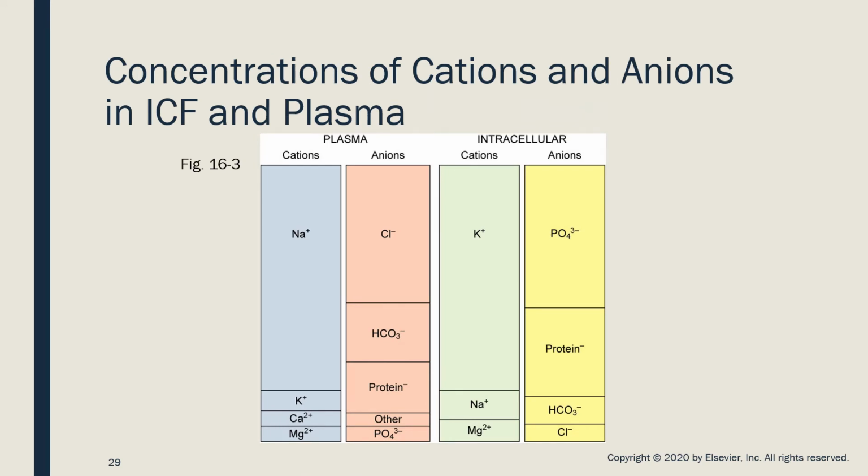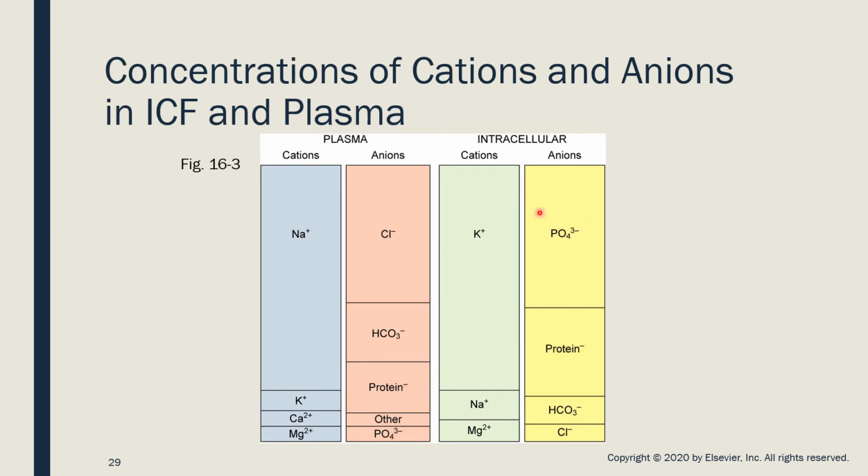Now, this is just to show you the cations and the anions in the intracellular fluid compartment and plasma. And we will talk on the following slides about the different types of electrolytes and imbalances and how you manage them. As you can see in the plasma, the majority would be sodium, okay, with a few potassium, calcium, and magnesium, and you can see other electrolytes in here too, and also protein.